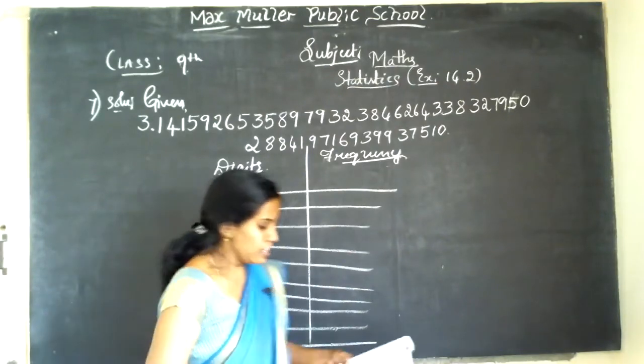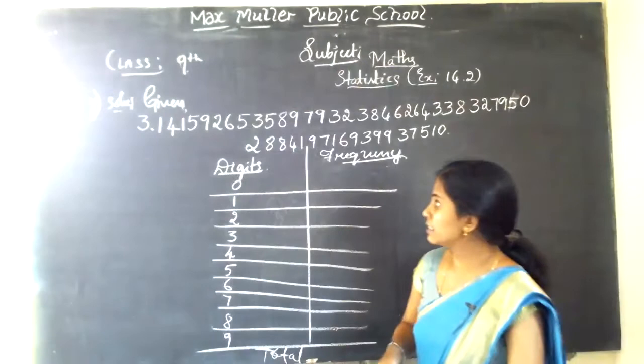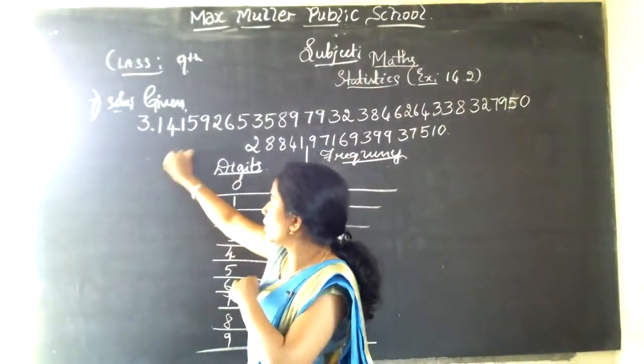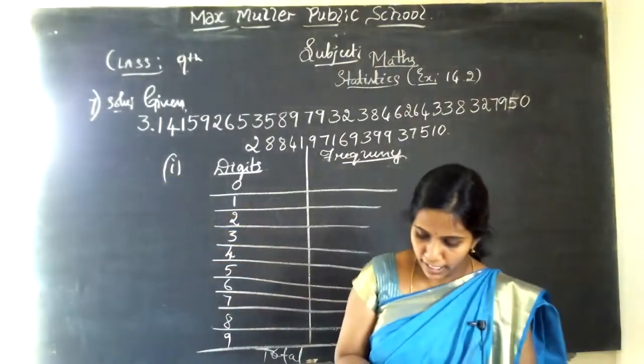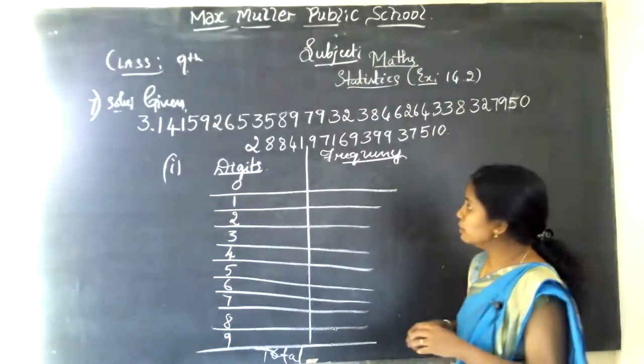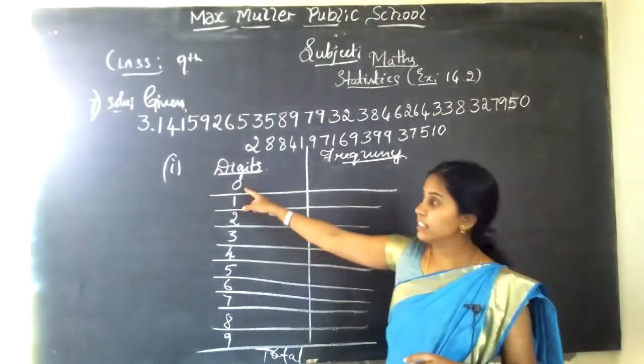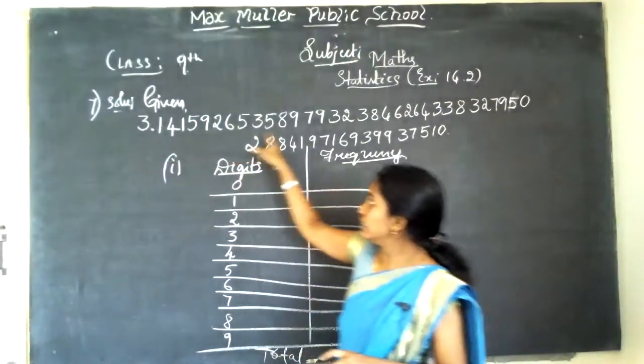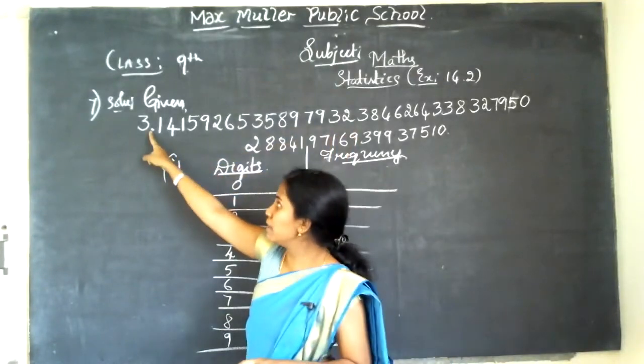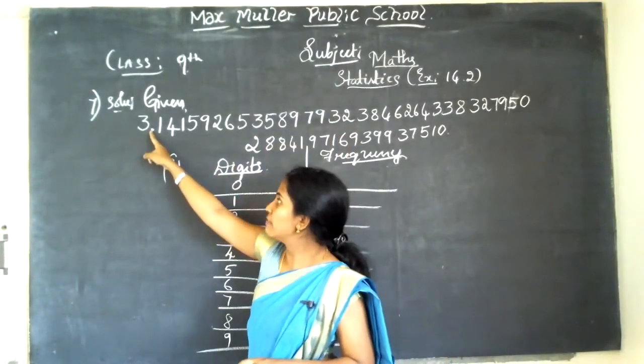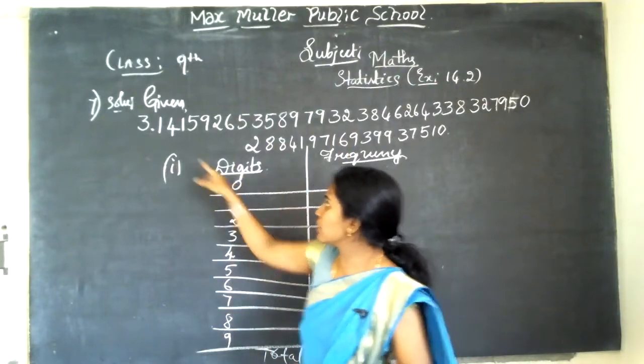For the first one, you have to make a frequency distribution. So look for the digit 0 in this given number, after the decimal point.